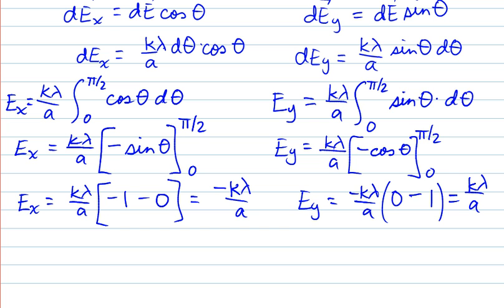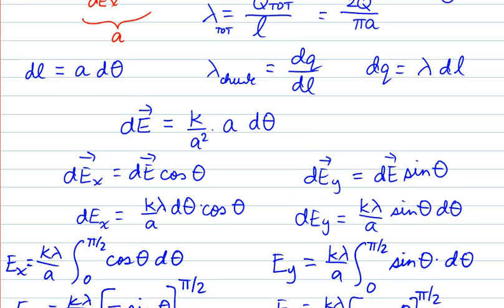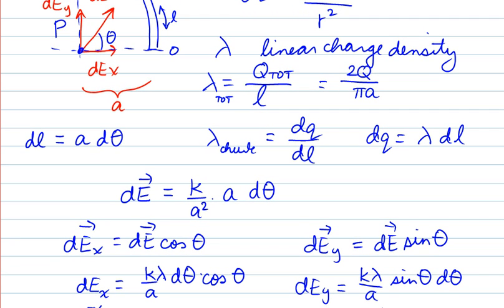So now the last thing that we need to do is plug in for k, because after all, I've been taking a shortcut. That's 1 over 4 pi epsilon naught. But what about for lambda? Well, we go back up to here, and we see that lambda is actually 2q over pi a.